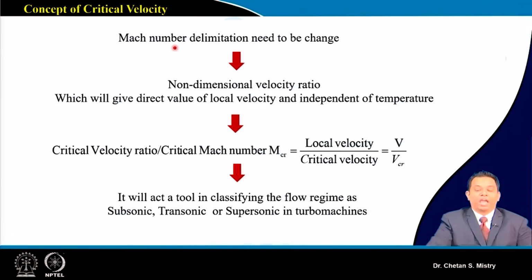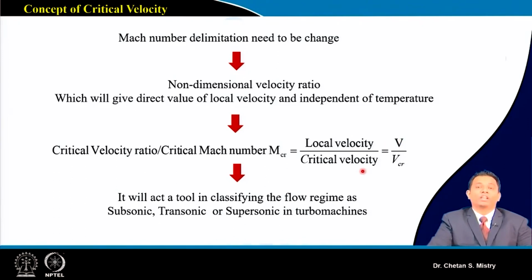To address this, we introduce a new parameter called the non-dimensional velocity ratio, which needs to be independent of the local temperature. Let me introduce a new parameter, the critical velocity ratio or critical Mach number. This critical Mach number is defined as the local velocity divided by the critical velocity.